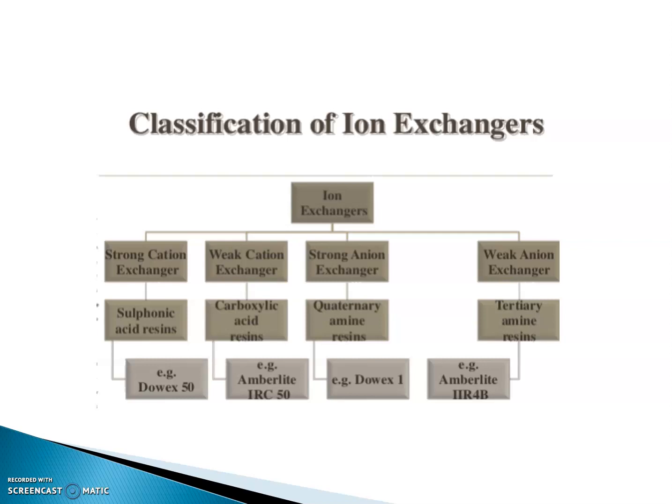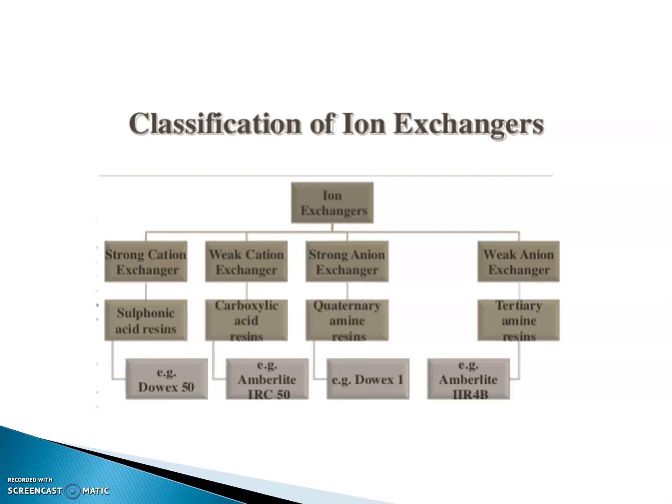Strong acid cation resins derive their functionality from the sulfonic acid group. As I stated earlier, sulfonic acid is nothing but SO3H. When used in demineralization, strong acid cation resins remove nearly all raw water cations, replacing them with hydrogen ions. The exchange reaction is reversible.